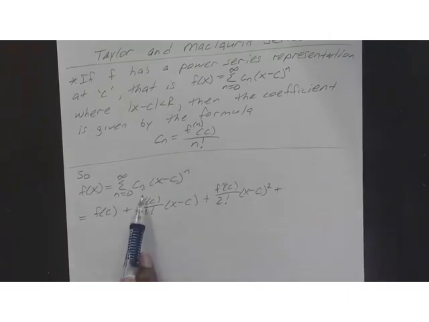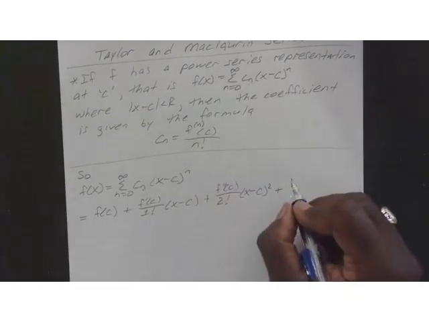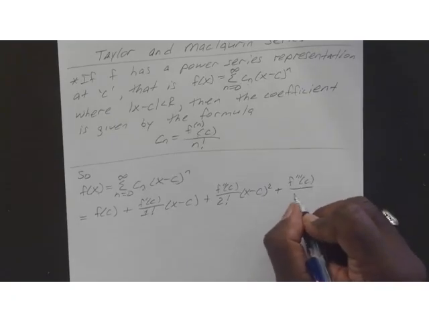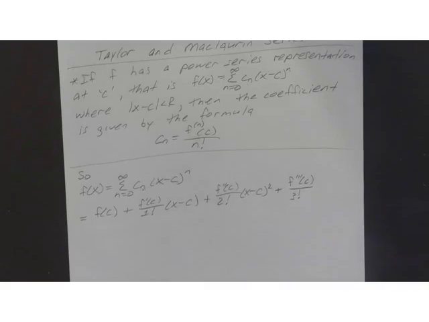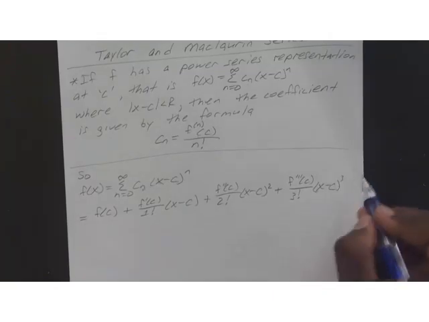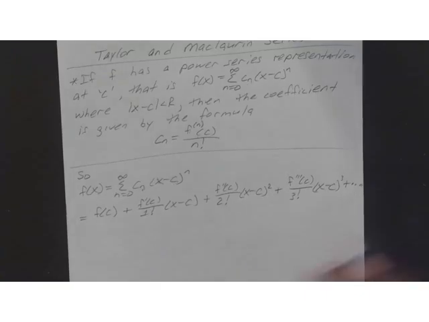Plus, when n is equal to 3, your third coefficient is the third derivative at c divided by 3 factorial times x minus c to the third power. And it keeps on going in that pattern.